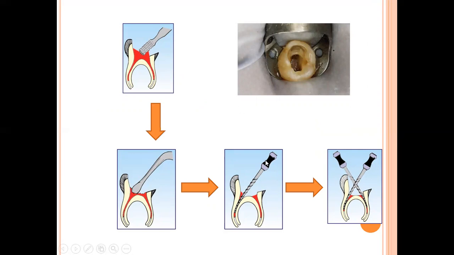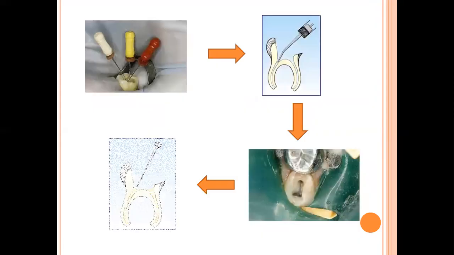Once it is done, files are taken into the root canals and removed, and the remaining pulp is removed from the root canals. Followed by working length determination. Working length determination can be done by various methods.